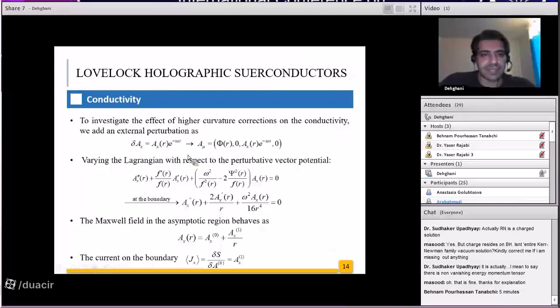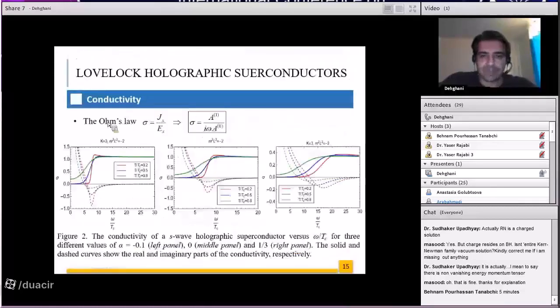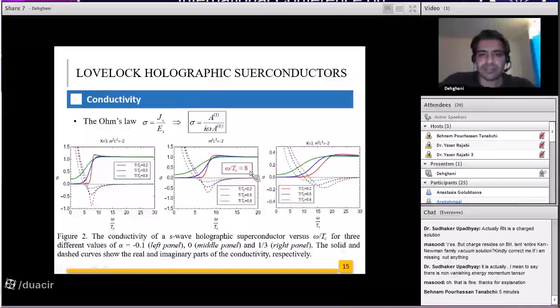Now we can discuss the conductivity of the boundary theory to investigate the effect of higher curvature corrections on the conductivity. We add external electromagnetic radiation by inserting a perturbative vector potential into the Lagrangian. We obtain this solution, and the current on the boundary is obtained here using Ohm's law, and then the Kubo formula from linear response theory.